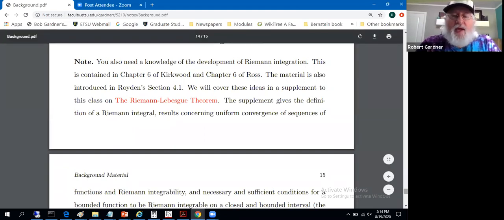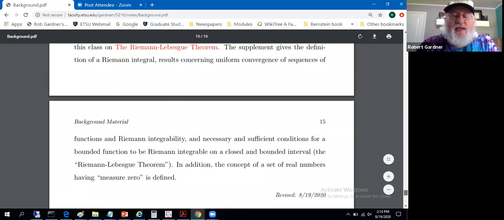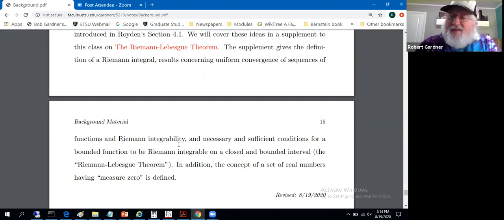You know from your calculus 1 experience that continuous functions are Riemann integrable. But does a function have to be continuous to be Riemann integrable? No, in calculus 2, you integrate over discontinuities. You integrate over vertical asymptotes, for one thing. So what are the necessary and sufficient conditions for a function to be Riemann integrable?